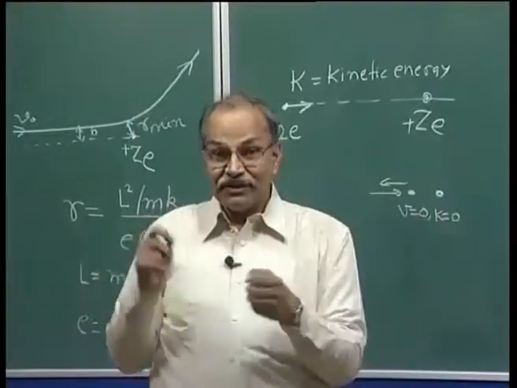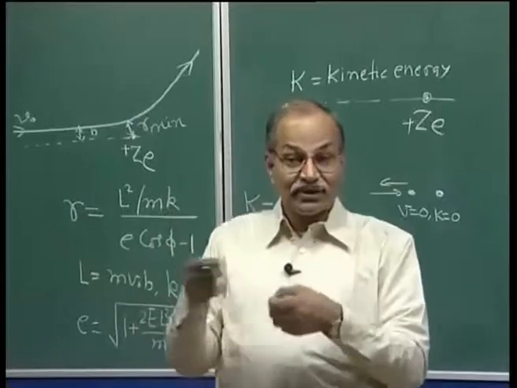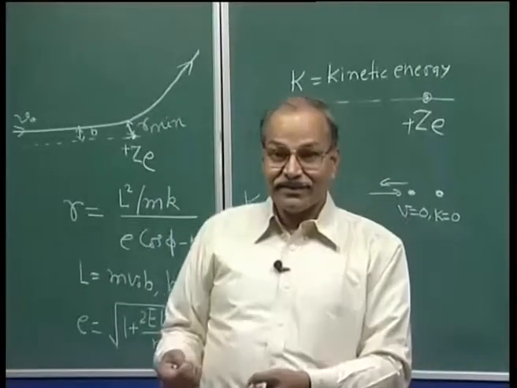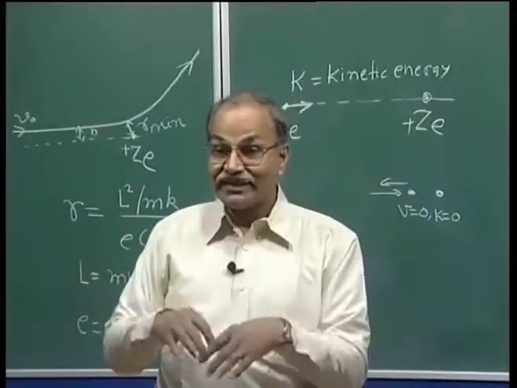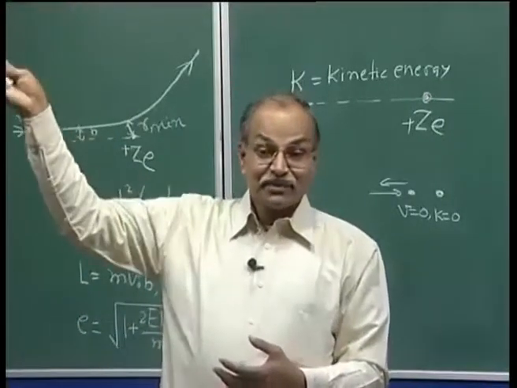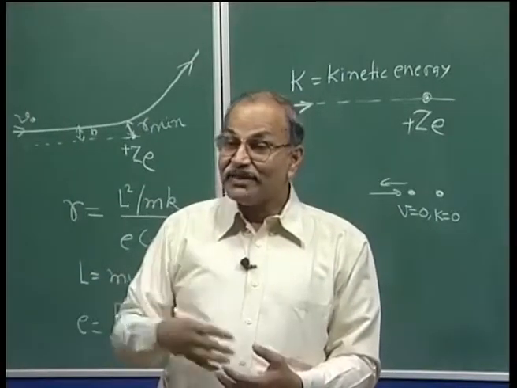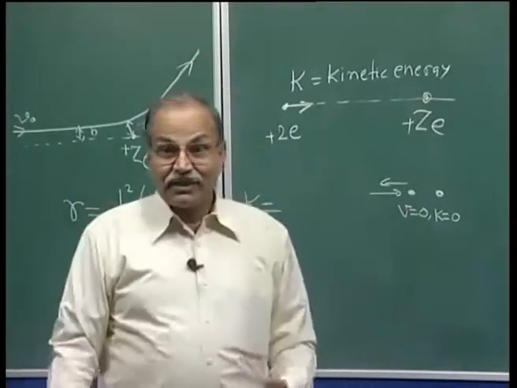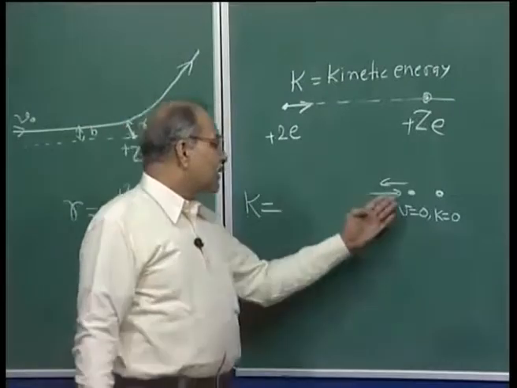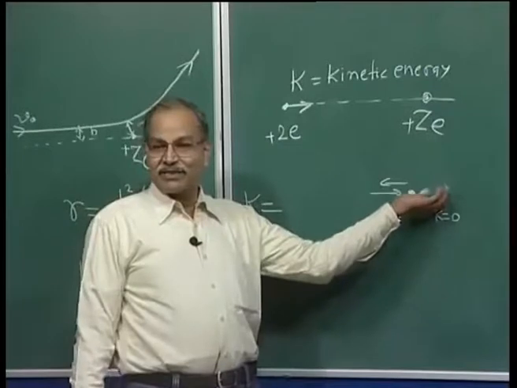But if during this scattering the internal structure of one of the 2 particles or both particles changes, the internal energy increases or decreases, then the visible kinetic energy plus potential energy is not the same as the original, and it becomes inelastic scattering. Now, in this picture alpha particle remains alpha particle, and this nucleus remains this nucleus.